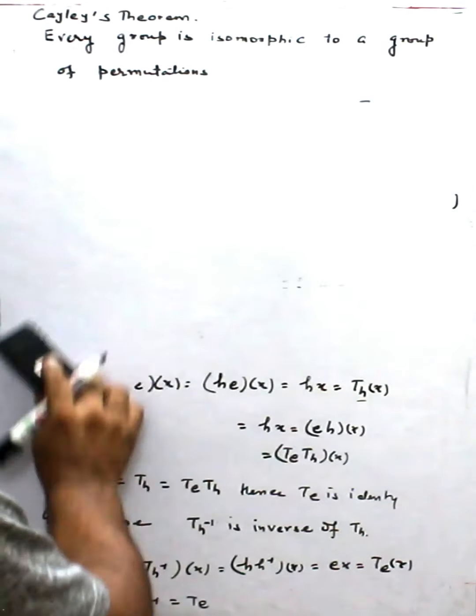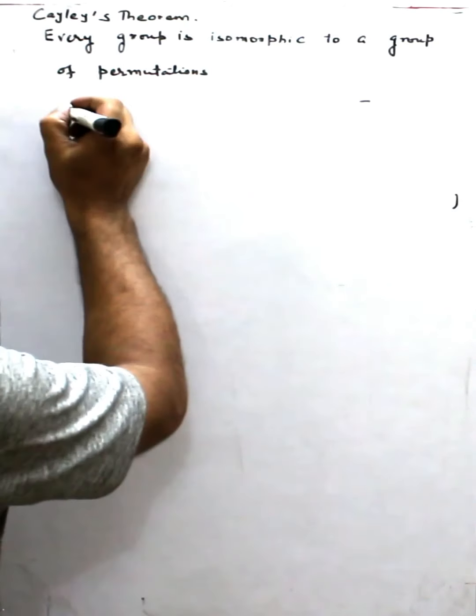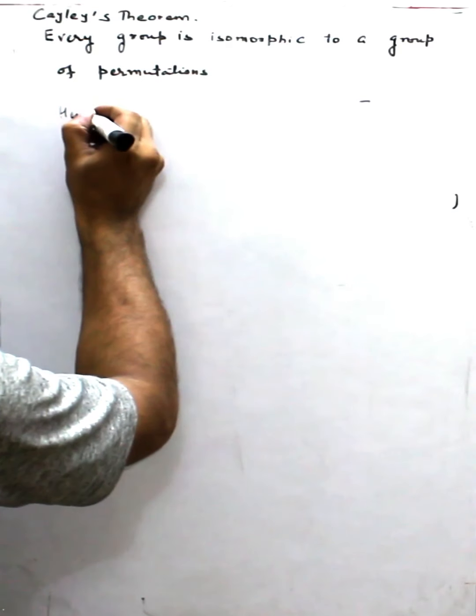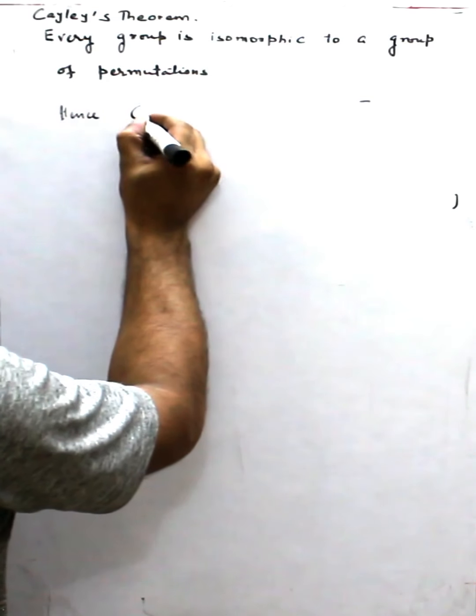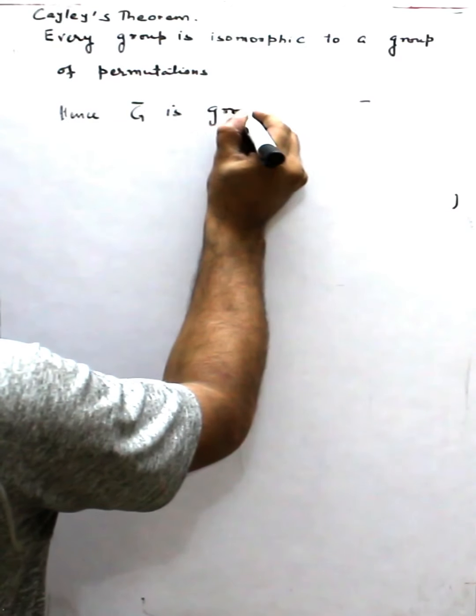Now we define the isomorphism. So we have proved, hence G bar is a group.